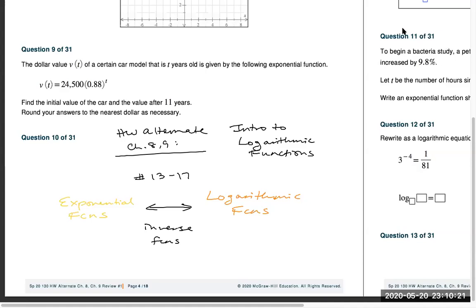Let me actually save this and then do a new share of the whiteboard.